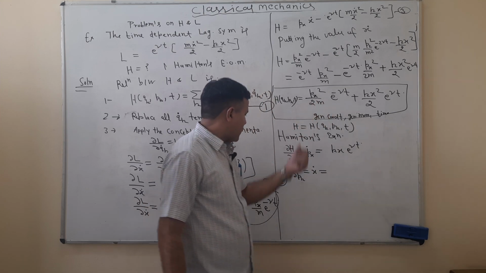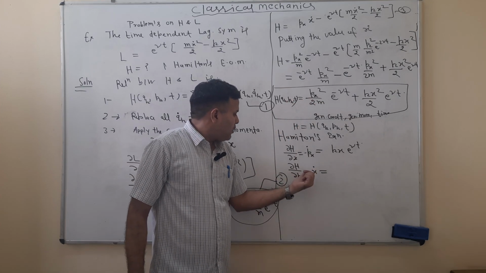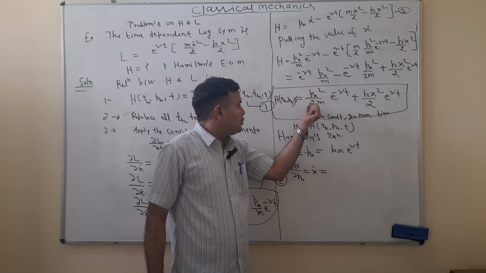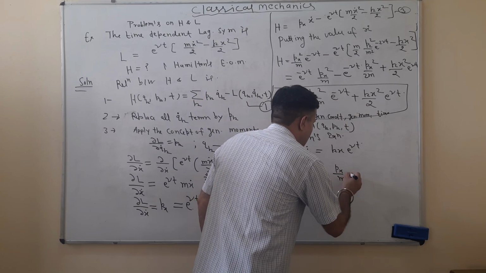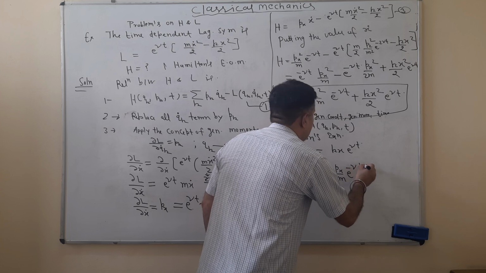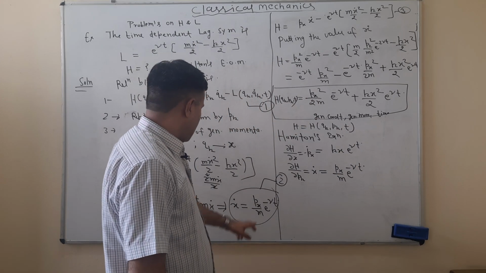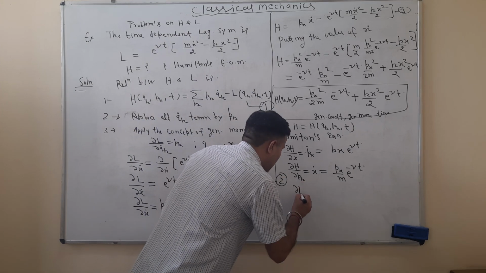Differentiating this Hamiltonian partially with respect to px, we have twice px, the 2 cancels out, so we have px by m e to the power minus nu t. And what is del H upon del t?